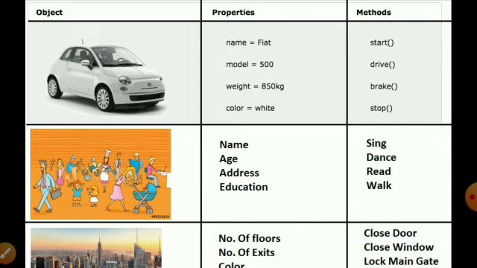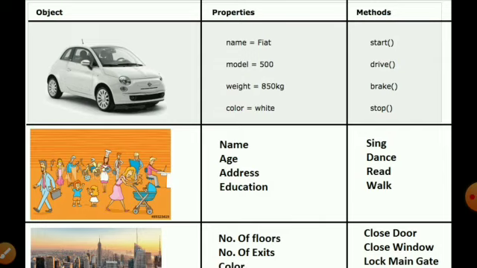Many kinds of attributes can be associated with people, isn't it? Now what kind of actions can they perform? Again, there are many, but we have just listed a few: singing, dancing, read, walk. These are examples of actions that people can perform.